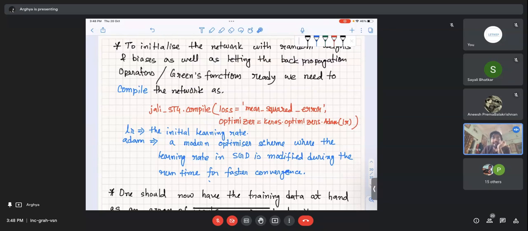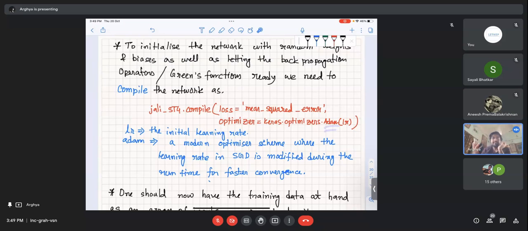Now, if you remember what this learning rate does: you start with the cost function, do the differentiation, and modify the weights to go to some minima, right? And each step is basically parameterized by eta. But it may so happen that there can be a better learning rate than whatever you have provided, which gives faster convergence. So Adam is one of the optimizers.